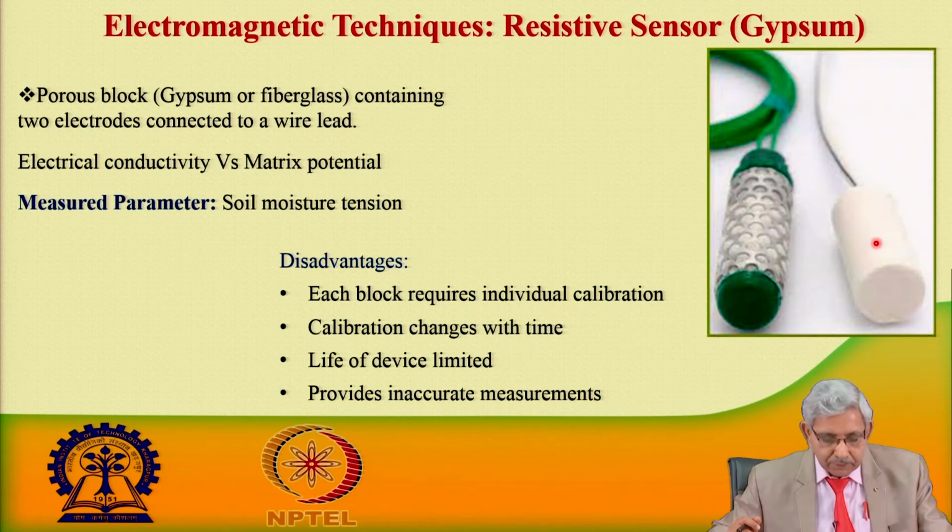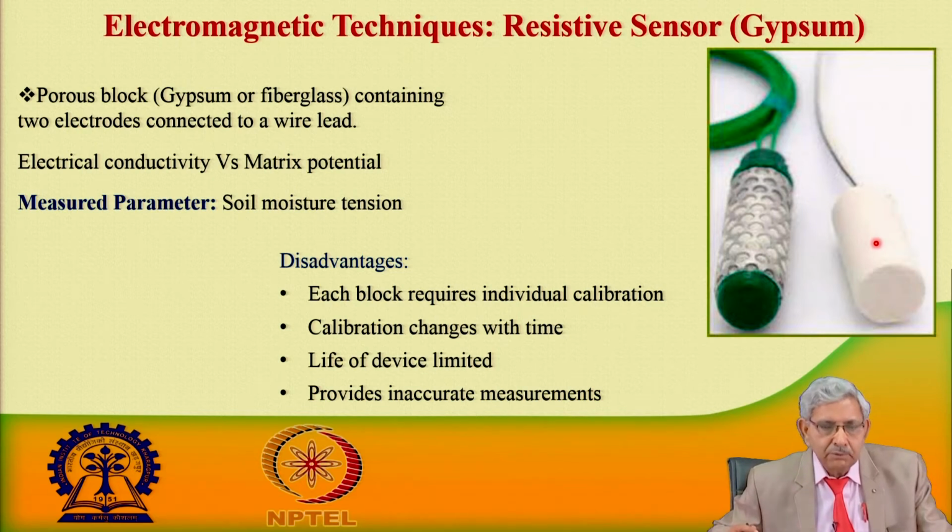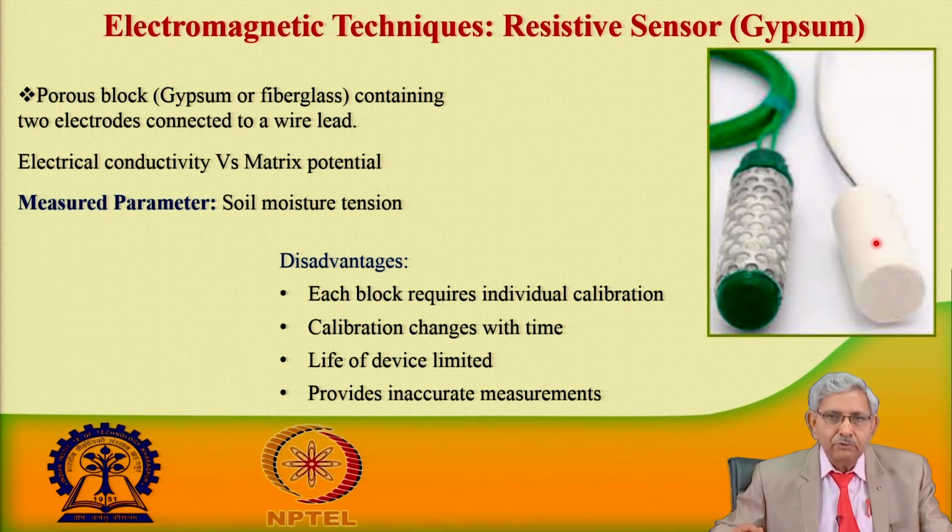There is a limitation that the calibration made changes with time, because if irrigation is given continuously, and if fertilizer is given, then soil salinity as well as the chemical content in the soil and in water changes the calibration curve.